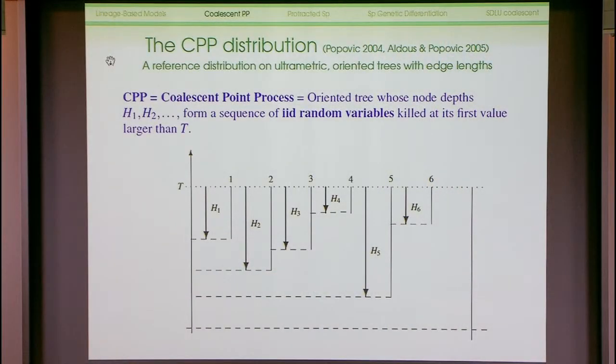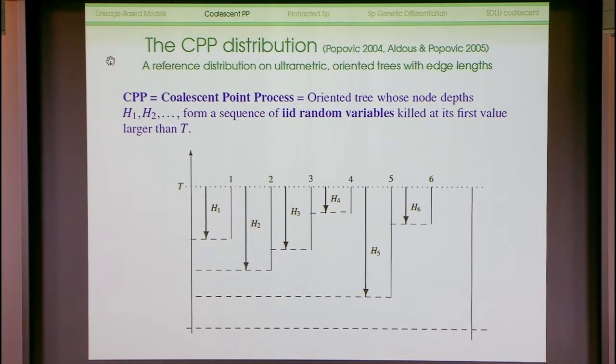A coalescent point process is an oriented tree whose node depths, H1, H2, etc., form a sequence of IID random variables killed at its first value larger than T. It's a very convenient tool also for simulation, because you just have to draw a sequence of IID random variables, all these Hi, and you stop your process at the first H which is larger than T. From this sequence, you construct your tree exactly as Leah showed this morning, by reporting the tip of every edge to the closest edge on its left.